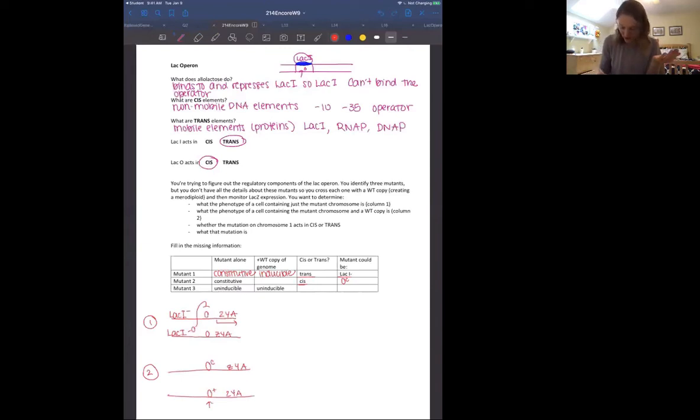So it's not going to be able to go over and repress that constitutive operator. It can't do anything about that. So we're still going to get constitutive expression from the chromosome.